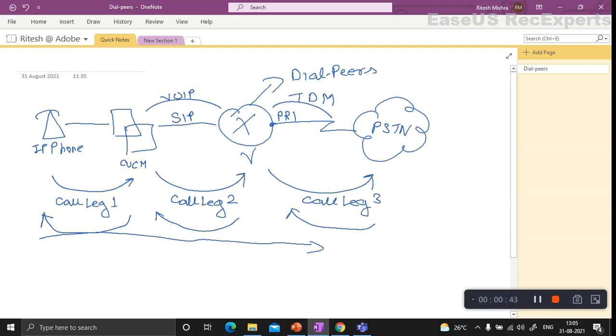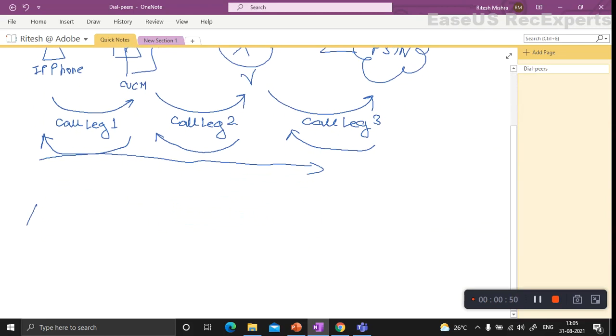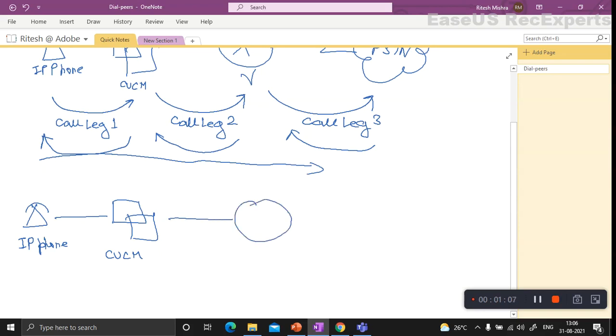Now, if you talk about dial pairs in the same call flow, if I have an IP phone registered on a call manager, then I have the SIP gateway and a PRI, the provider.